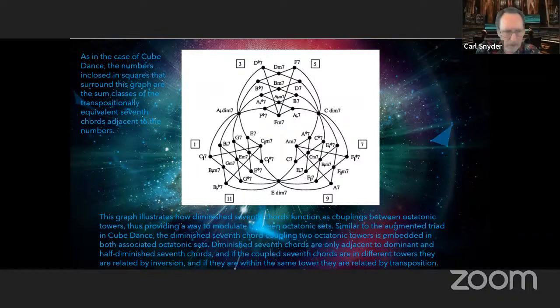Similarly to the augmented triad in cube dance, the diminished seventh chord coupling two octatonic towers is embedded in both associated octatonic sets. Diminished seventh chords are only adjacent to dominant and half diminished seventh chords, and if the coupled seventh chords are in different towers, they're related by inversion, and if they're within the same tower, they're related by transposition.